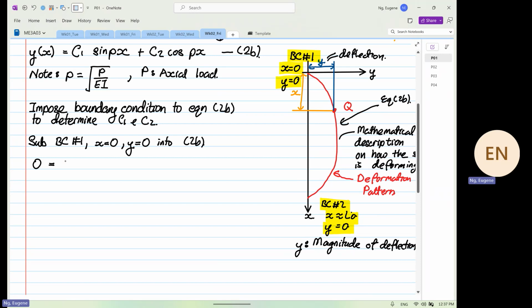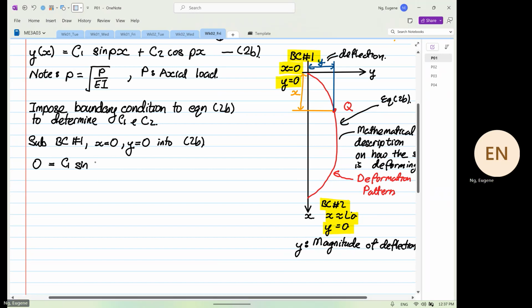This is equal to C1 sine 0, right? Why 0? Because we have p multiplied by 0, right? Then you have plus C2 cos p multiplied by 0, right? So when this is the case, what we tend to have is we will have what?